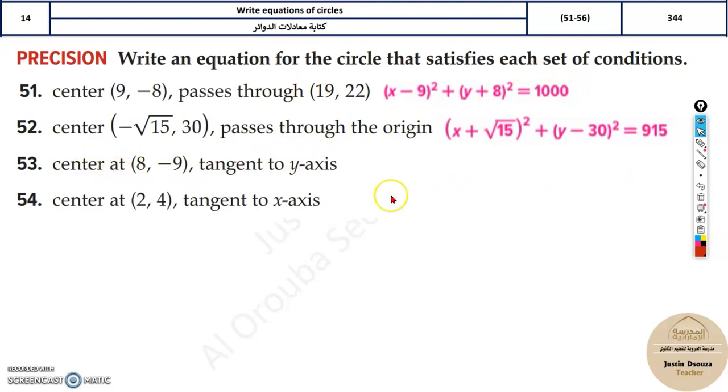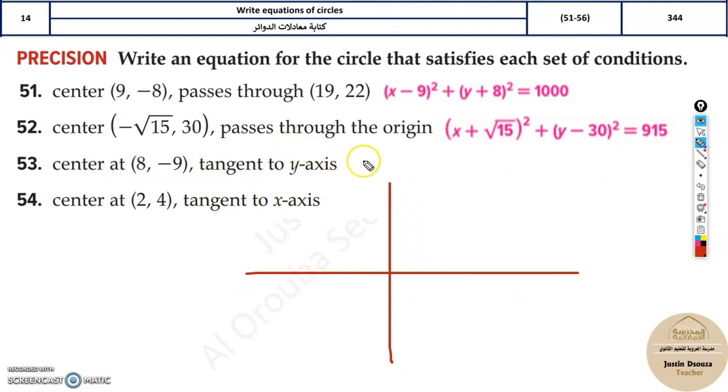The center is given. But they have told us the circle is tangent to the y-axis. Let me draw a coordinate plane. The y-axis is over here. What does it mean to be tangent? Tangent means the circle has a center, right? 8, minus 9, somewhere over here. x is 8. Let me take this as 8 and this as minus 9.